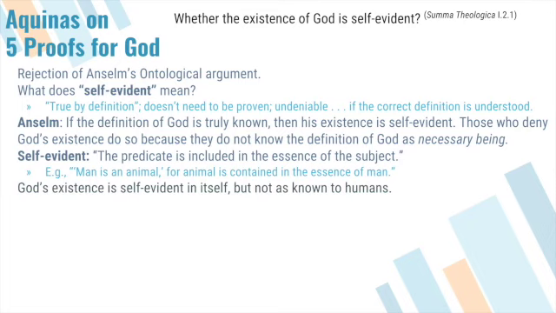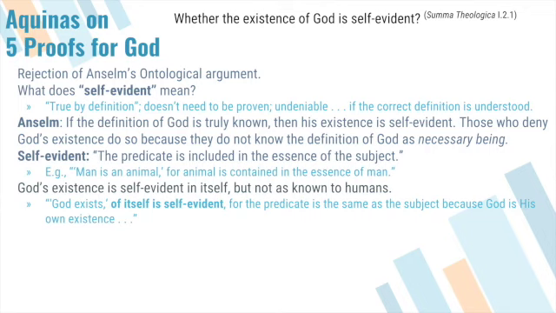So nobody knows God's essence directly. God exists of itself is a self-evident proposition. For the predicate is the same as the subject because God is his own existence, all right?